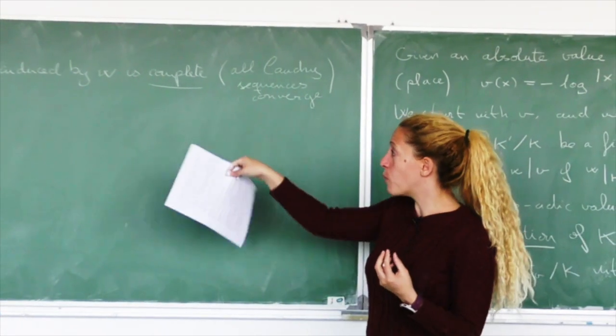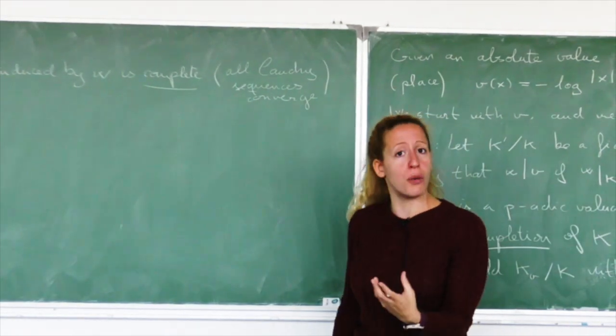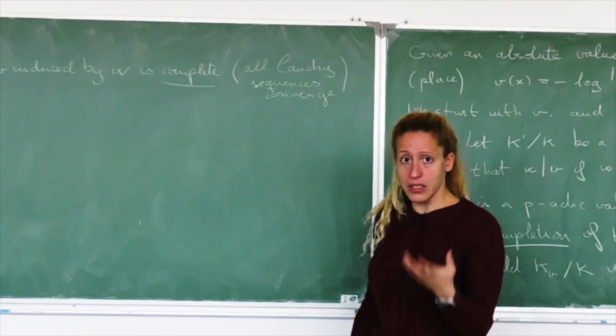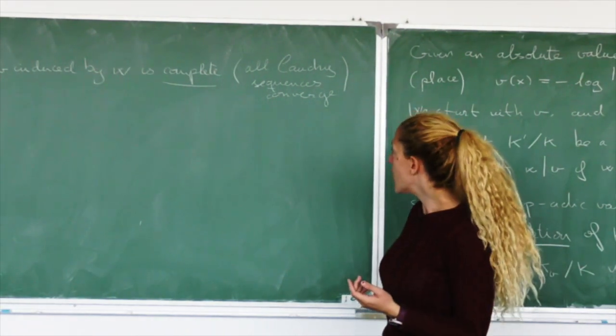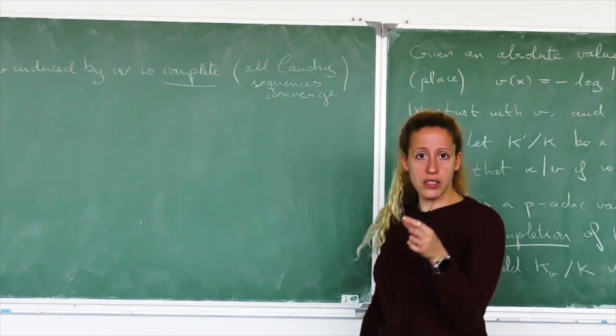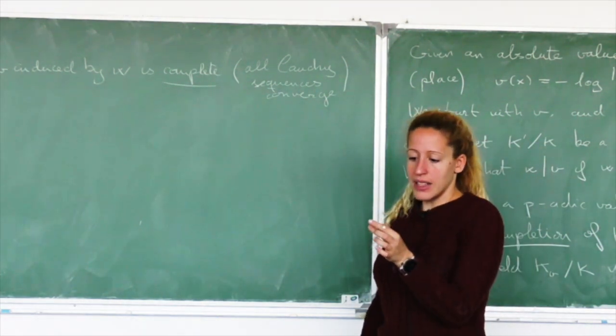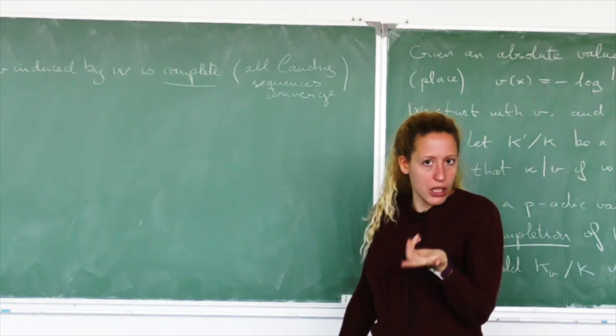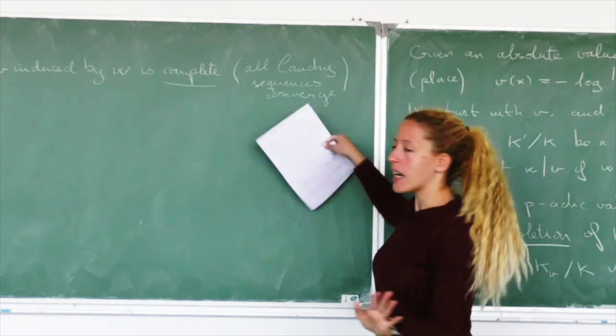So the topology is a metric topology, given by a distance. When we have a distance in a topological space, we can talk about Cauchy sequences: sequences that, starting from some point, have all elements very close. Here I'm not giving the definition.